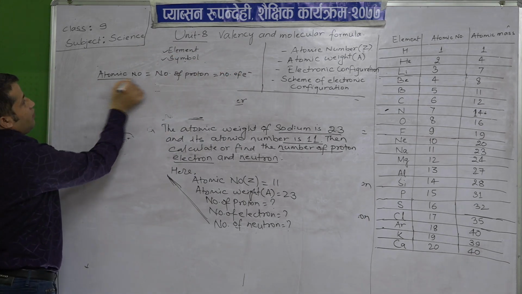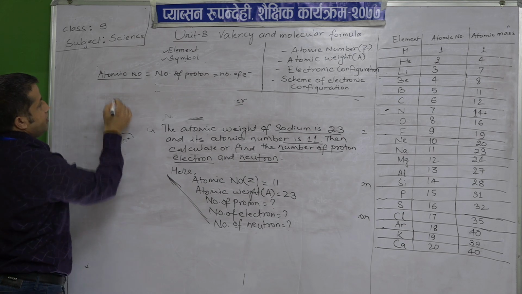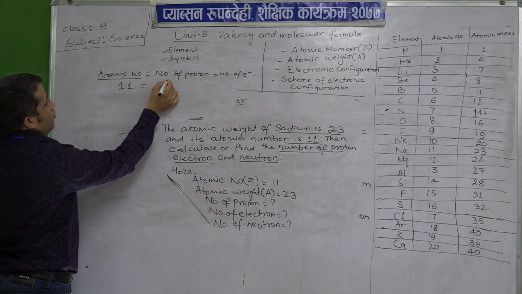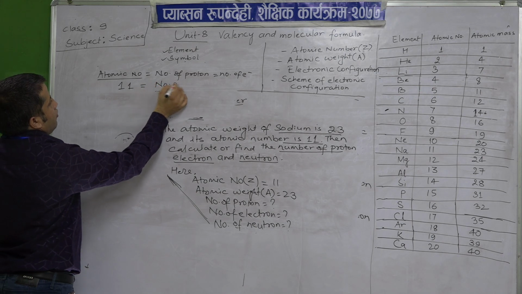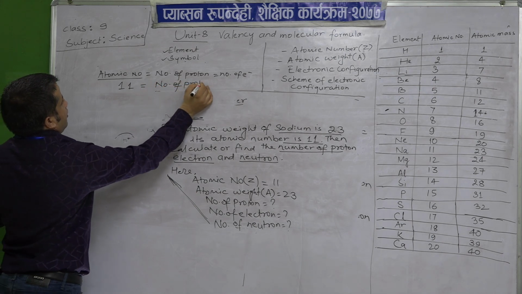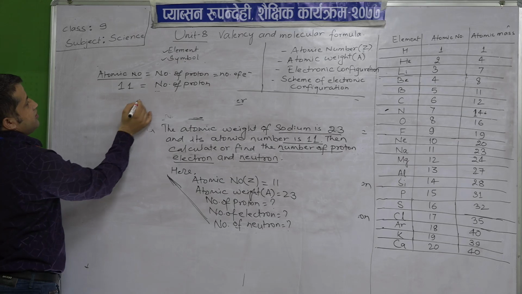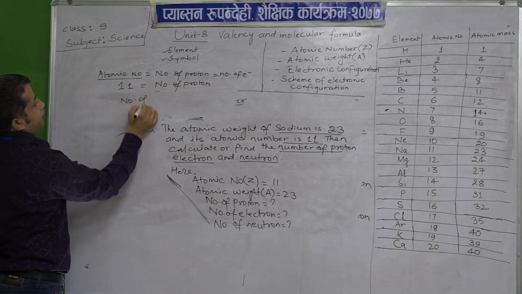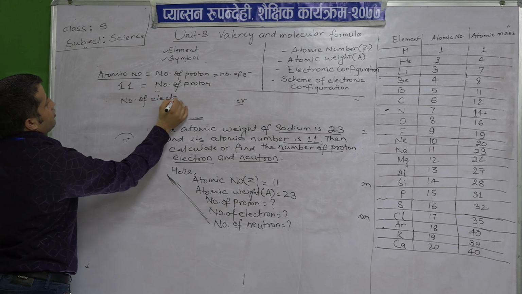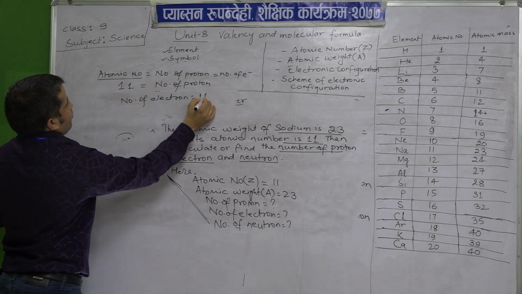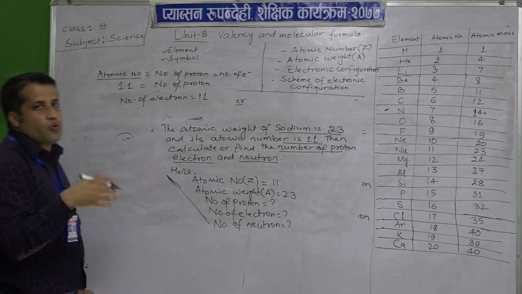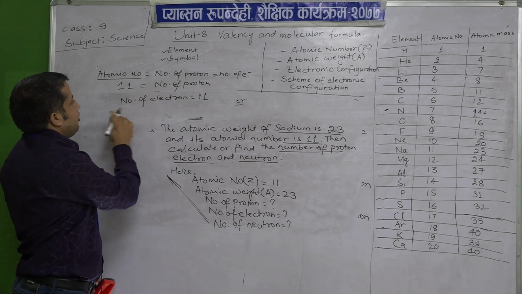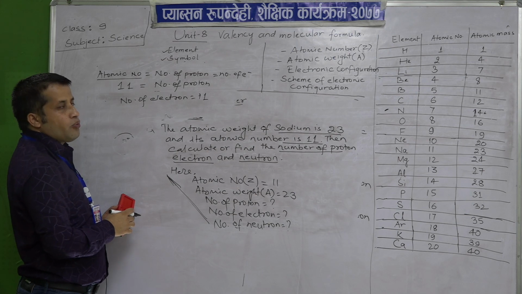So atomic number is given to us. What is that? It is 11. So that implies that number of proton is also how much? 11. Okay. Similarly, number of electron is also 11, as we know number of electron and proton is same. So we have found the number of electron and proton.